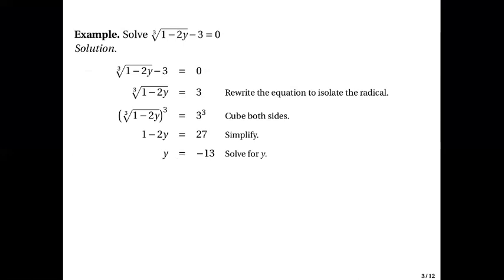How did that happen? We have 1 minus 27 equals 2y. So minus 26 equals 2y, and minus 26 over 2 equals y. Negative 26 over 2 is negative 13.